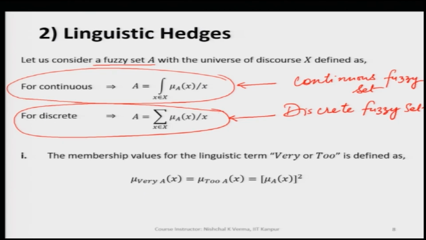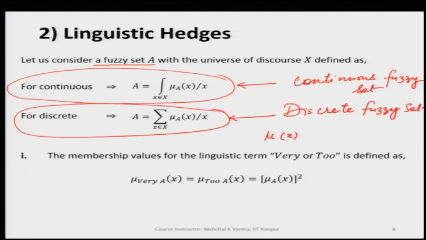So, if we have a membership function mu x which has been used in the basic fuzzy set, the primary term or the atomic term, how can we represent a linguistic hedge using the membership function of the primary term?